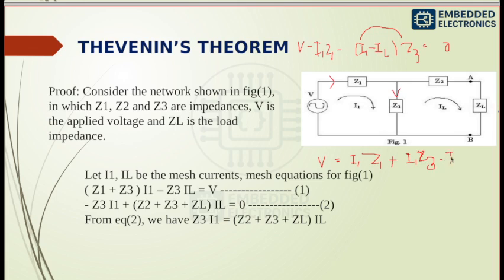Now the common term is I1, so V equals I1 times (Z1 plus Z3) minus IL Z3. That is the first equation.